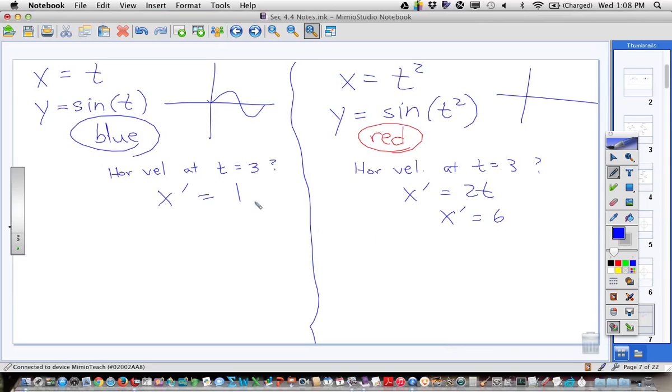Okay? What if I said, when does the blue guy stop going up? When's the first time that the blue guy stops going up or going north?